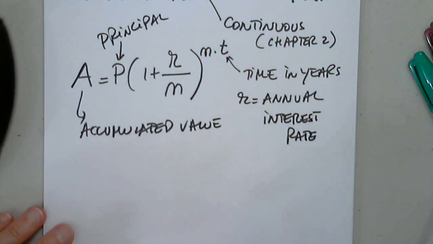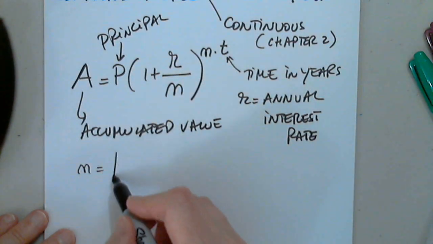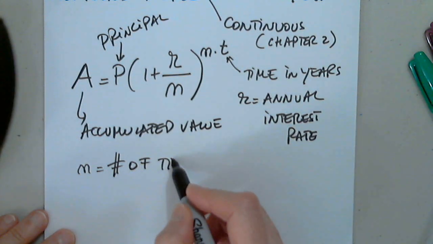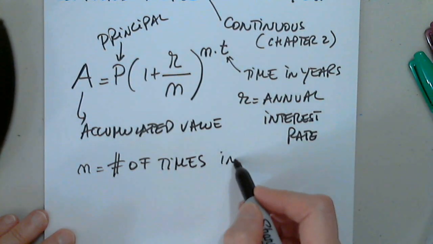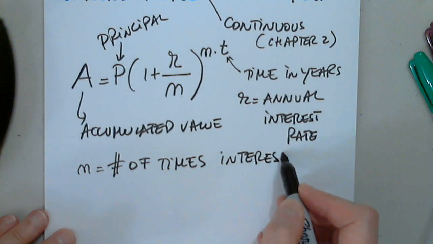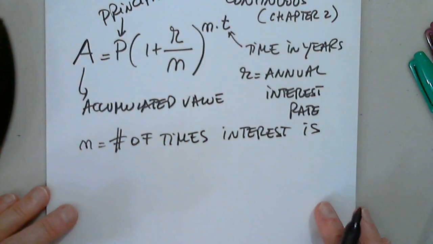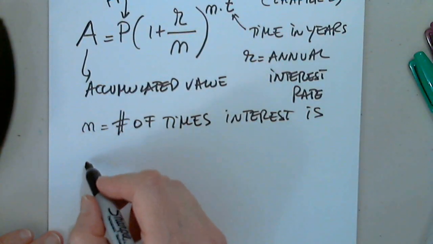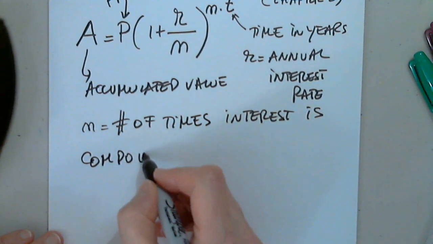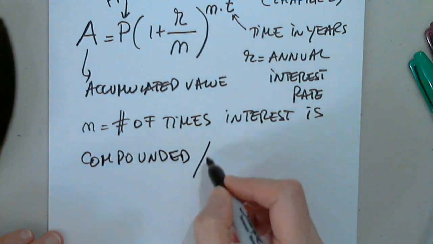And N, number of times interest, we say compounded or calculated, is compounded per year.